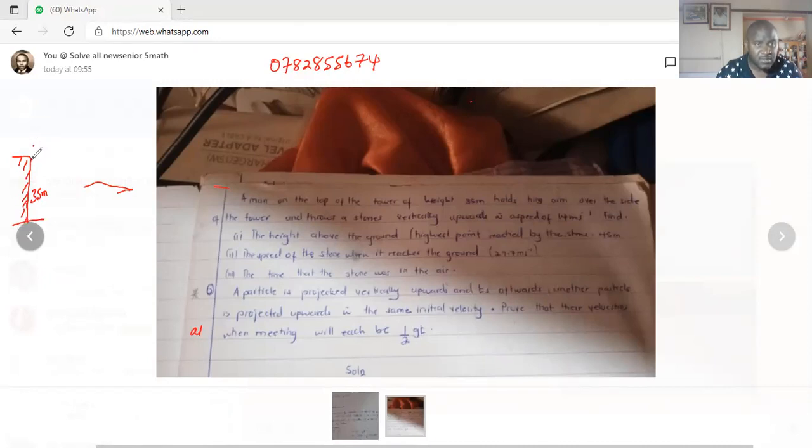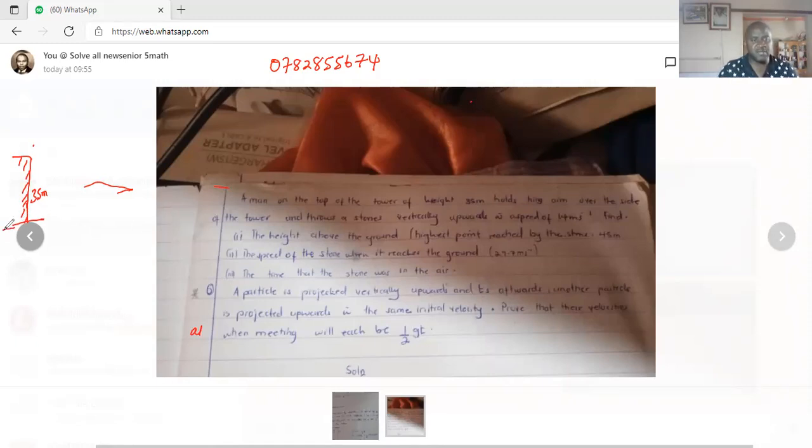So he throws the stone upwards. Find the height above the ground of the highest point reached by the stone.